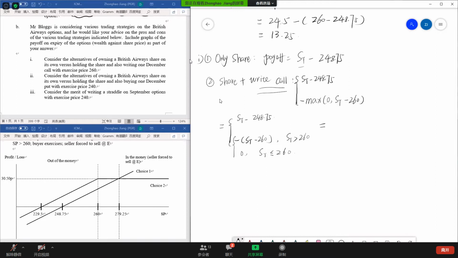So the total payoff of the share and the call is the payoff of the share plus the payoff when the stock price is larger than 260 and when the stock price is smaller than 260. So let's simplify.